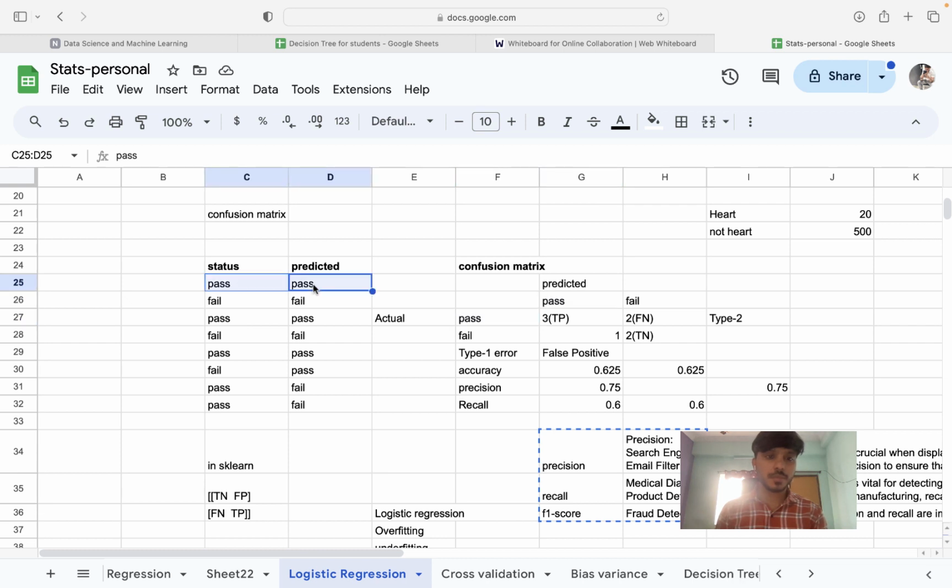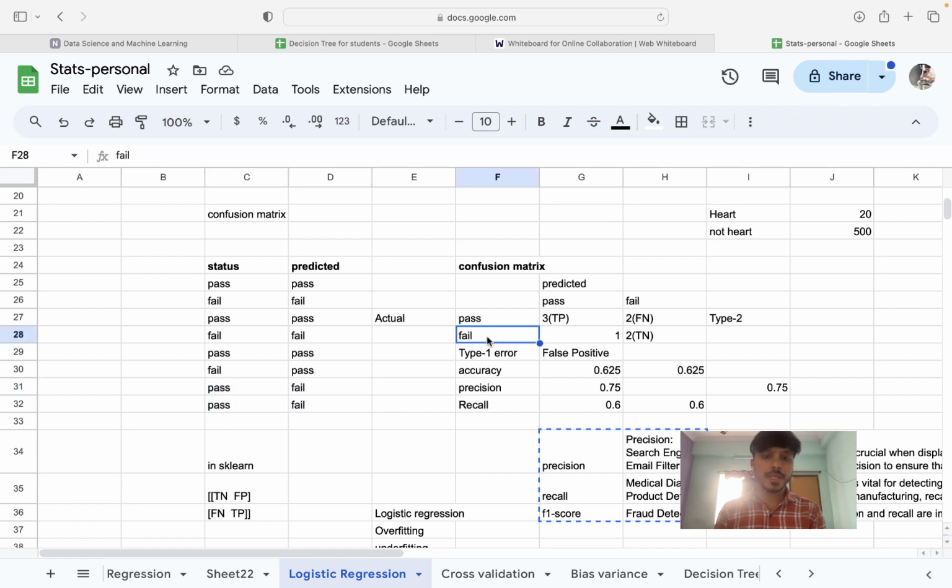If you see, pass, pass, pass, there are 3 instances, so I have 3. Similarly, when my actual value is pass, how many times did my model predict fail? There are 2 instances, so I wrote 2 here.